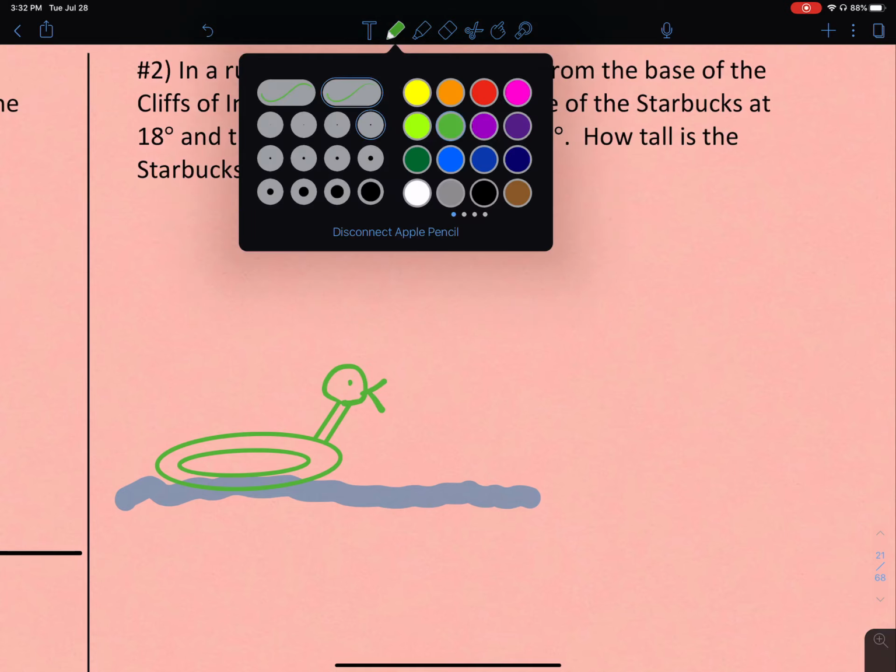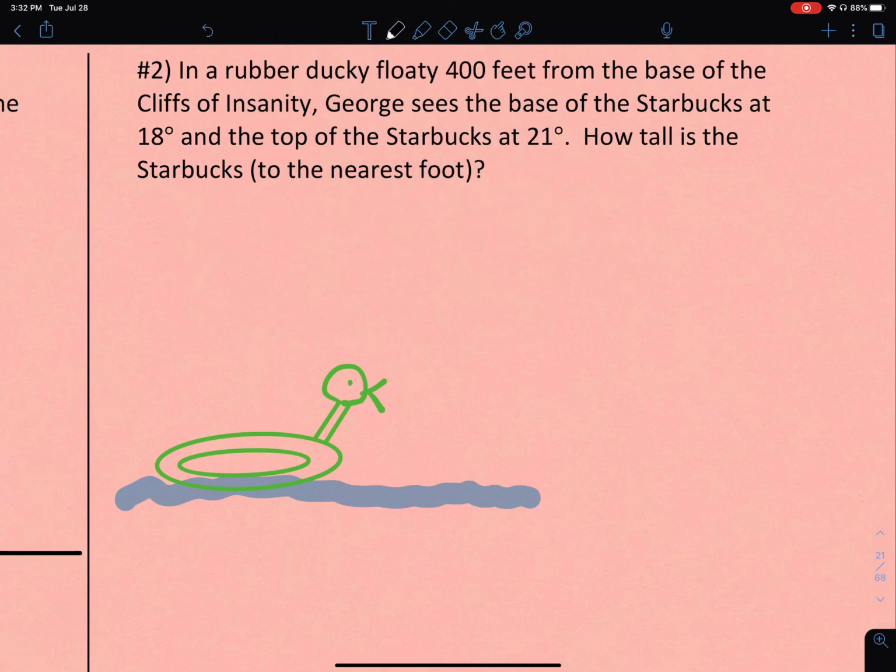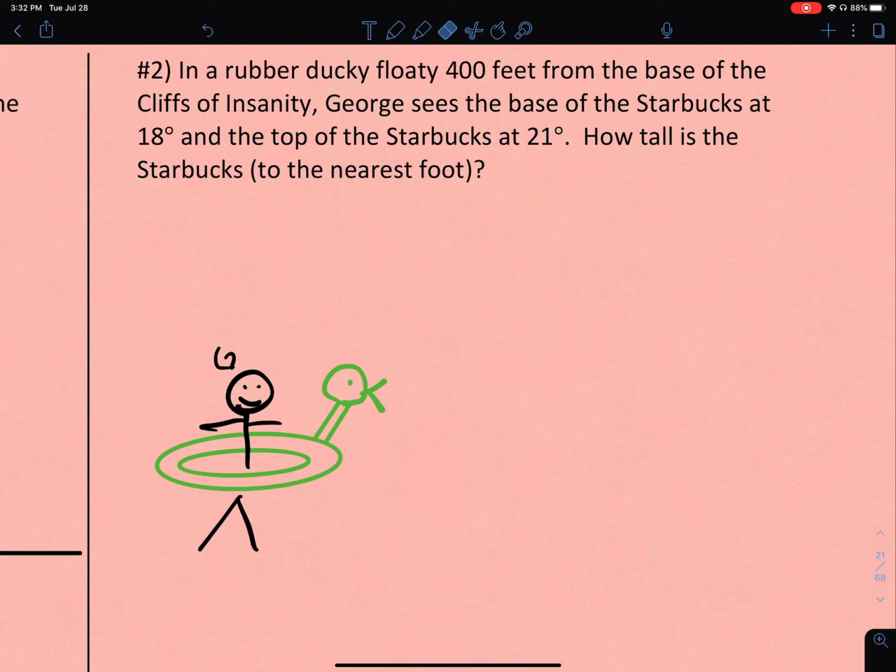We need George. In a rubber ducky floaty, 400 feet from the base of the Cliffs of Insanity, we need a cliff. Wrong button.